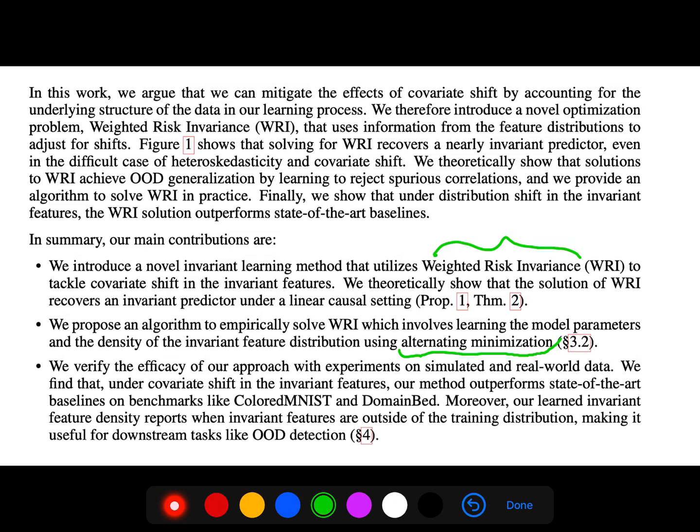Then they verify the efficacy of their approach with experiments on simulated and real-world data. They find that under covariate shift in the invariant features, their method outperforms state-of-the-art baselines on benchmarks like colored MNIST and DomainBed.